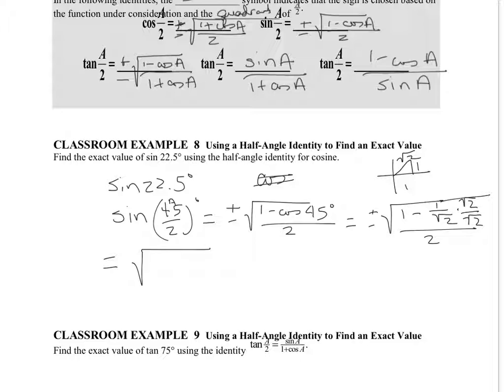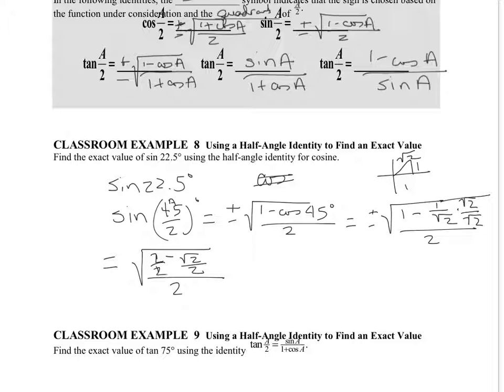So if this is rationalized, I can think of it as 1 minus the square root of 2 over 2, right? In my numerator. And my common denominator would be 2, wouldn't it?